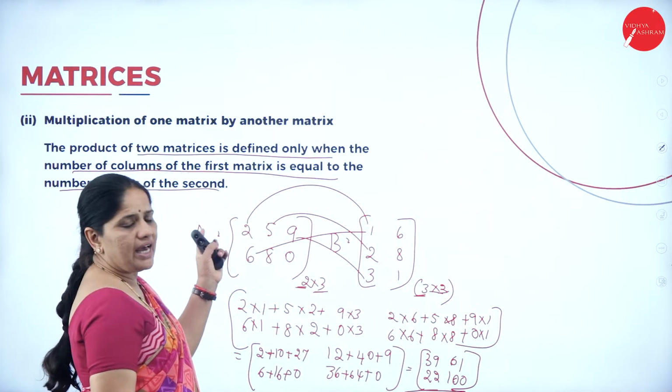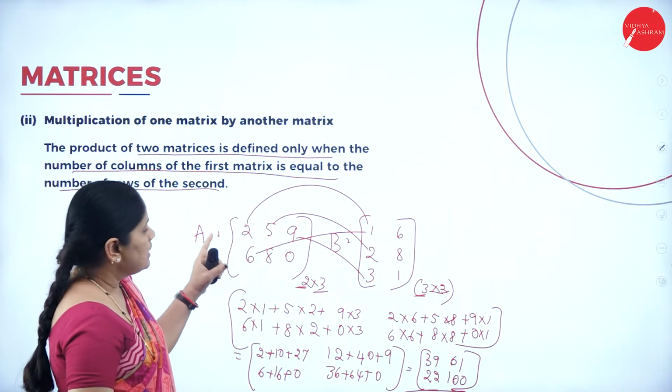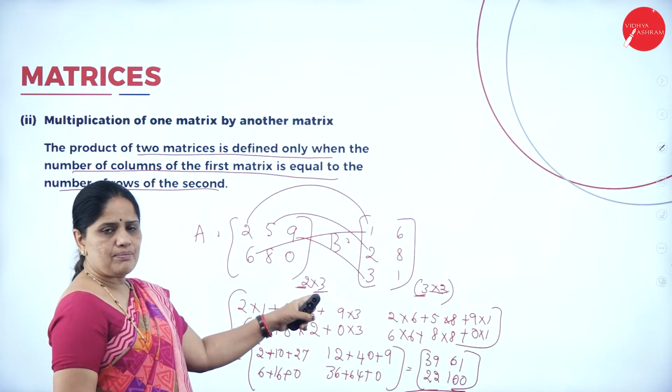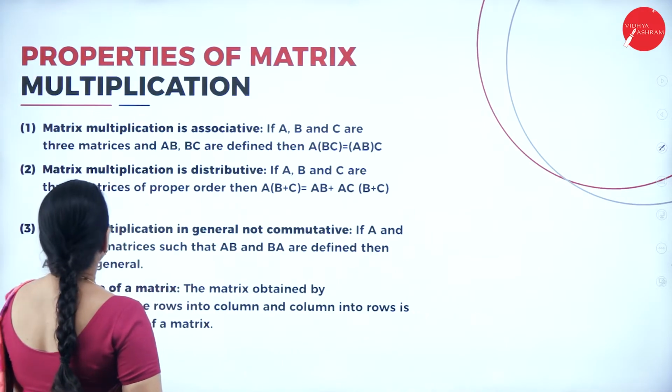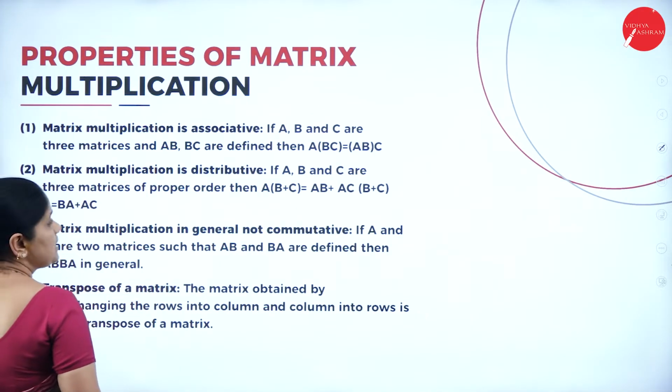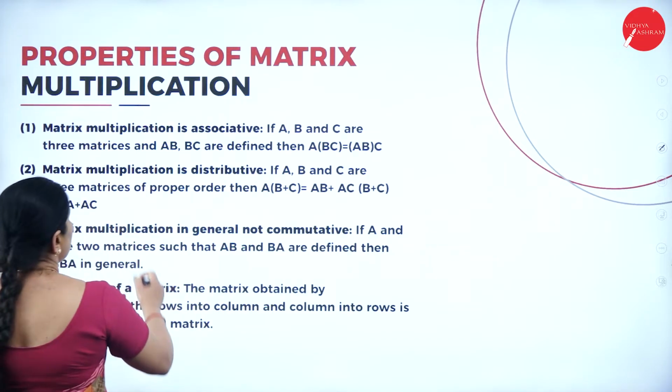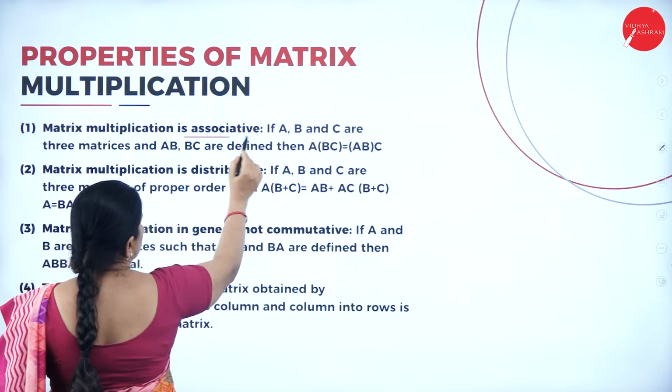So whenever we have multiplication of matrices, the columns of the first matrix should be equal to the rows of the second matrix. Then next, properties of matrix multiplication. Matrix multiplication is associative.